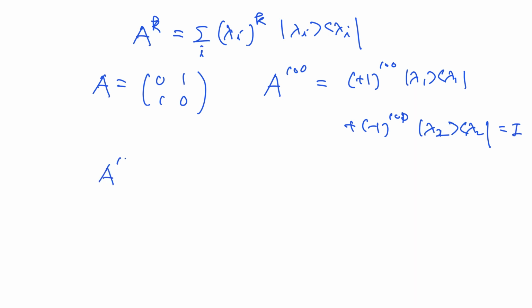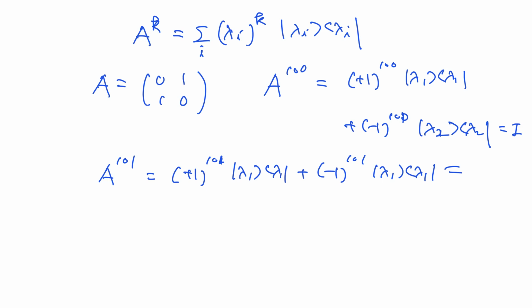A to the 101 is plus 1 to the 100, 1, lambda 1, lambda 1, plus minus 1 to the 100, 1, lambda 1, lambda 1, which is simply lambda 1, lambda 1 minus lambda 2, lambda 2, sorry, which is A, right?